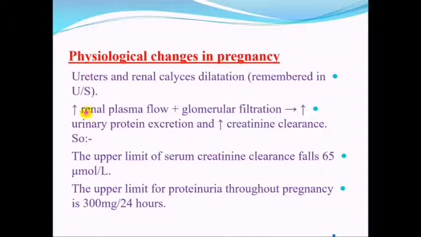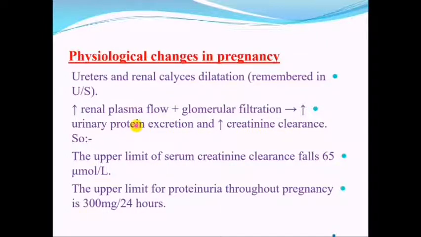At the same time, there will be an increase in the renal plasma flow and an increase in the glomerular filtration rate, and all of these will lead to an increase in the excretion of protein and an increase in the creatinine clearance within the urine.